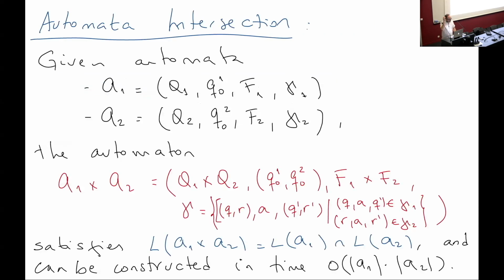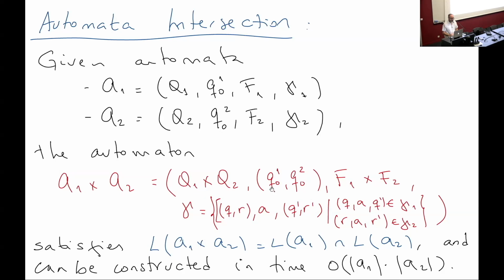Another thing is that we can carry out automata intersection in linear time. So what is automata intersection? We have A1 and A2, and we can construct an automaton A1 cross A2 that accepts precisely the words that are accepted by both A1 and A2. And how do we do it? We take the cross product of the sets of states of both automata.